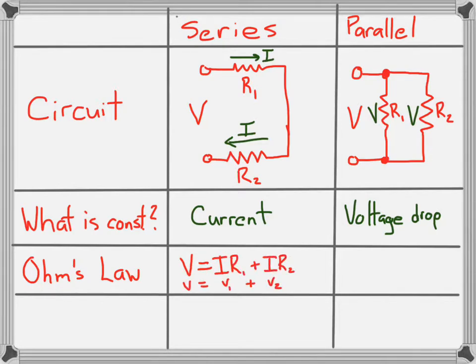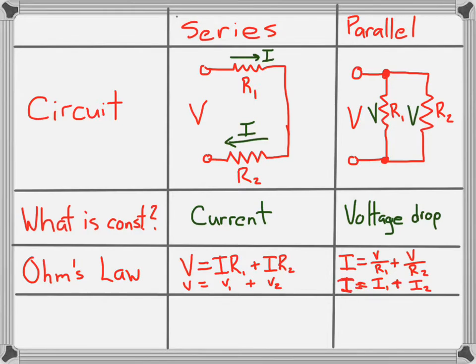That's another way of saying that the total voltage drop is equal to the drop across resistor 1 plus the drop across resistor 2. And you can also write for a parallel circuit that the two currents add up to give you the total current I. So I equals I1 plus I2. Another way of saying that is I equals V over R1 plus V over R2.